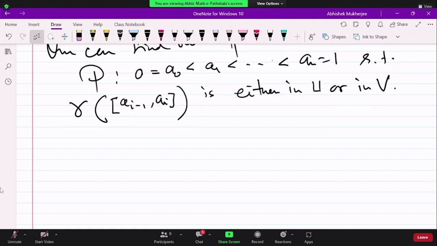We are going to refine it in such a way that each of the subdivision points will be mapped to a point in the intersection domain. That means each of these a1, a2, up to a n minus 1 will be mapped to U intersection V.